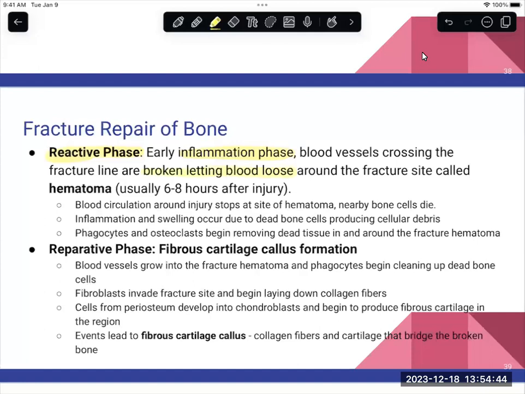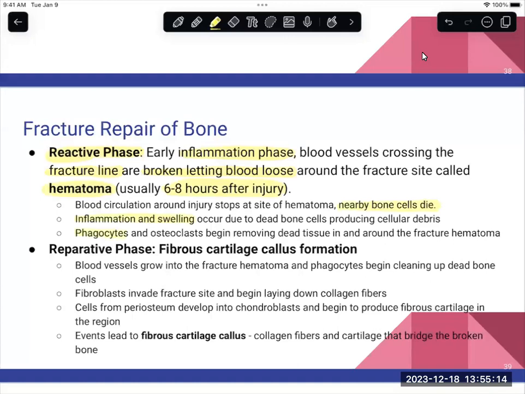Any blood vessel that has crossed that fracture line usually breaks. And this is what's going to cause this hematoma to form. This is where most of those cells in that area are going to die. We're going to see that inflammation and swelling, that redness, that poofiness to that area. If you've ever broken a bone, you know what I mean.